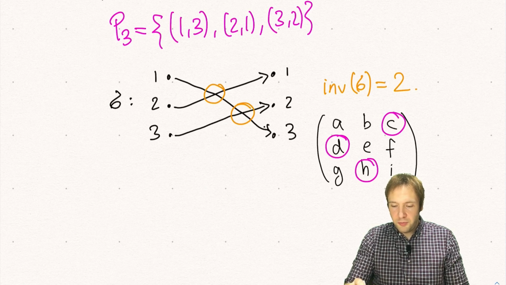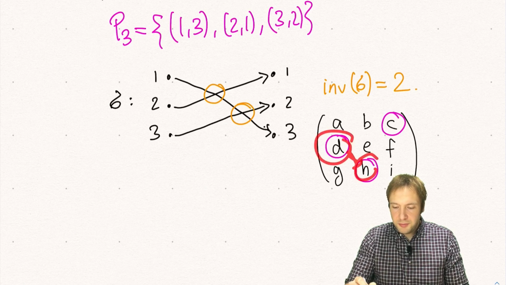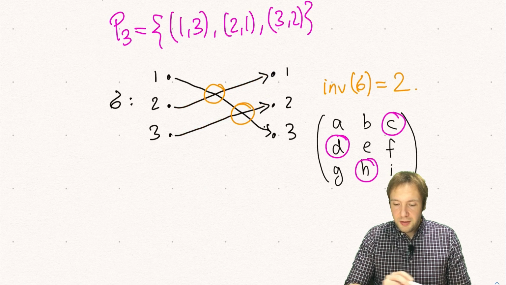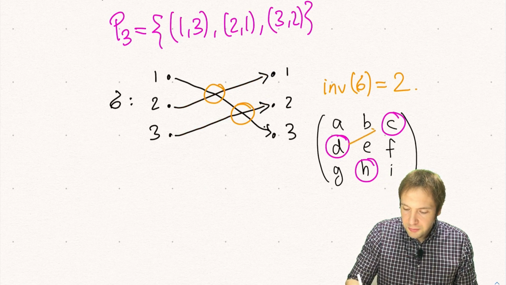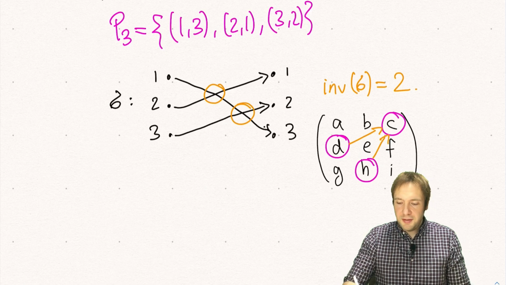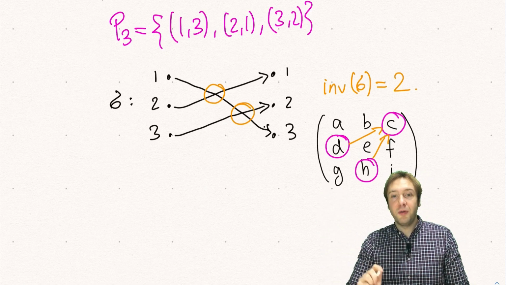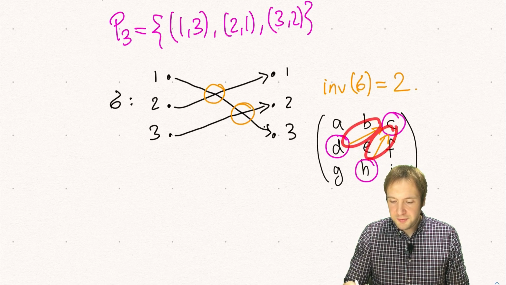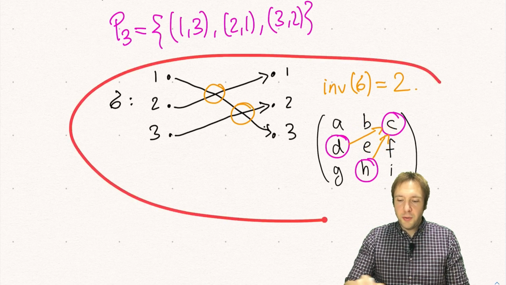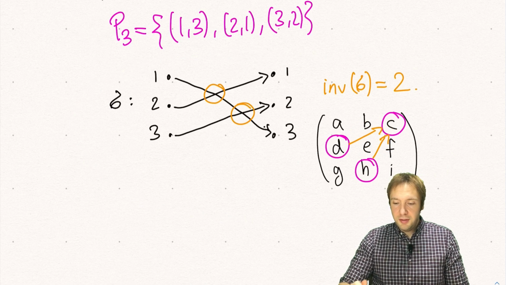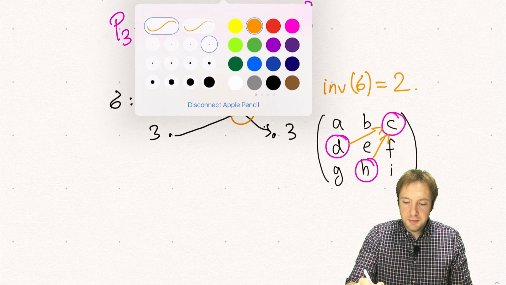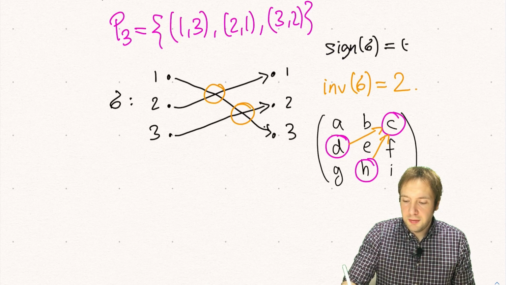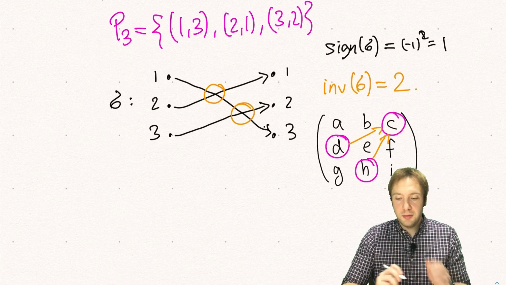Otherwise it would be on the bottom right, like here, for example, and this means that these two lines do not cross. So you can also count the inversions by looking at the pairs such that, in this case, a pink circle is on the top right of another pink circle. For these two this is the case, and therefore we have 2 inversions. So there are 2 ways to count the number of inversions. And then in this case the sign of this sigma is (-1) squared, so this is just 1.